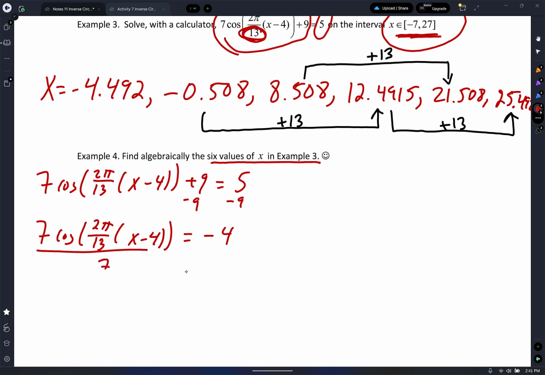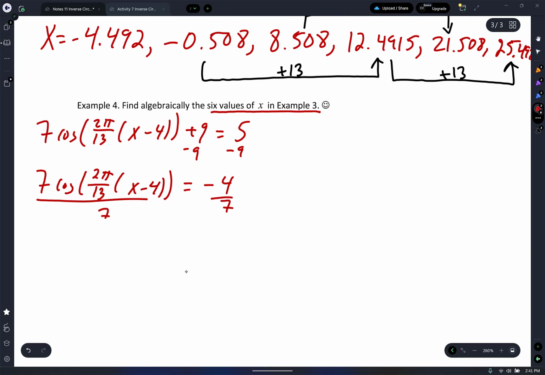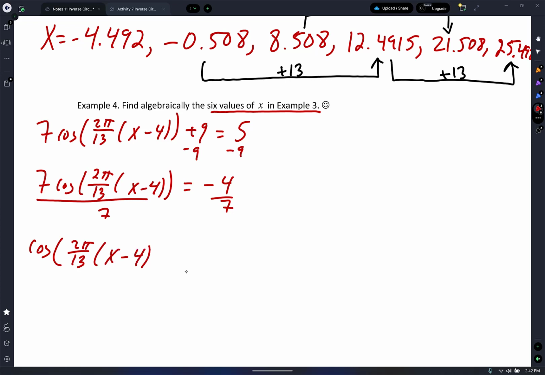You don't have to show it; next time you can just write it. So I'm going to write cosine 2 pi over 13 x minus 4, close, equals negative 4/7. So catch up to here. Are we still good? All right.